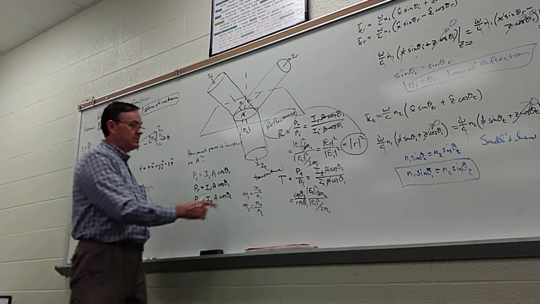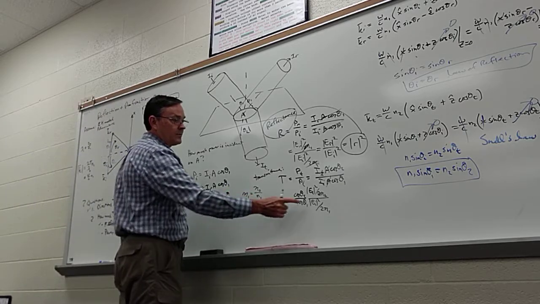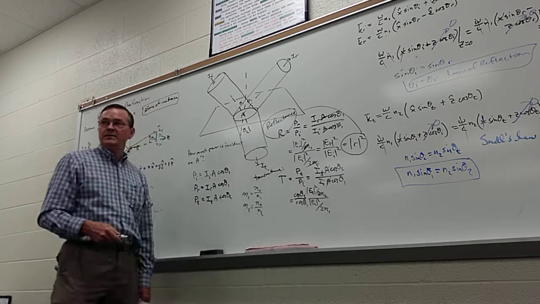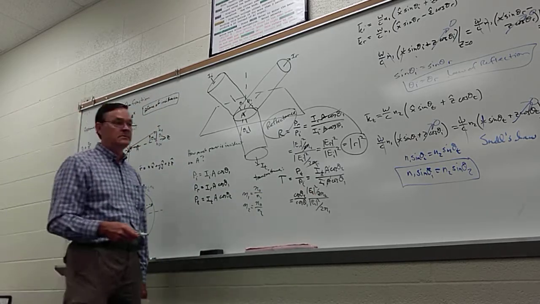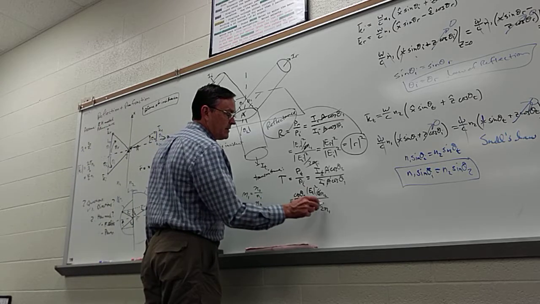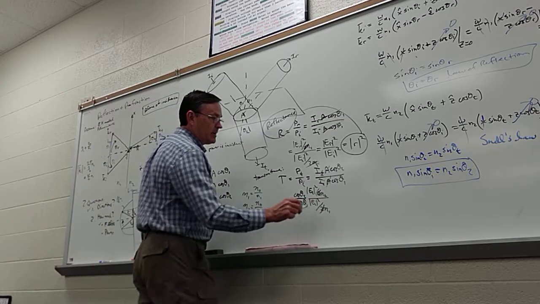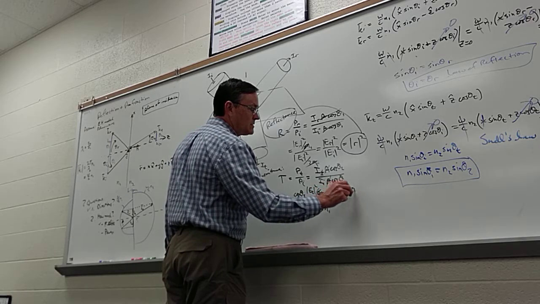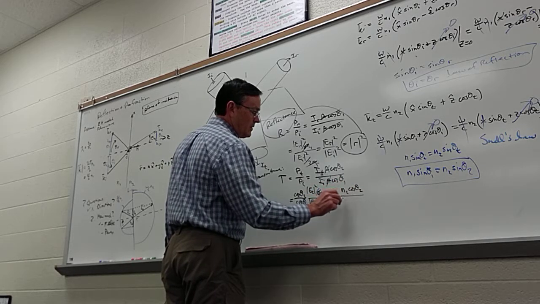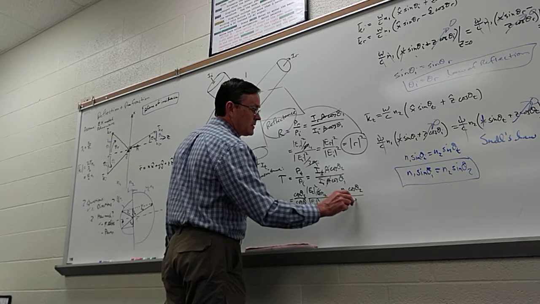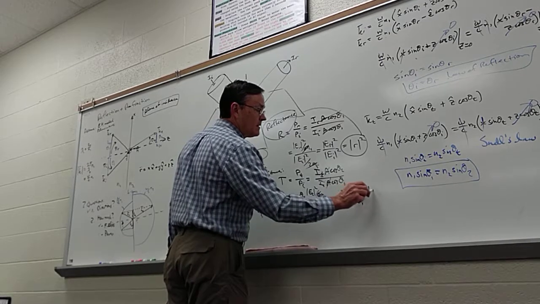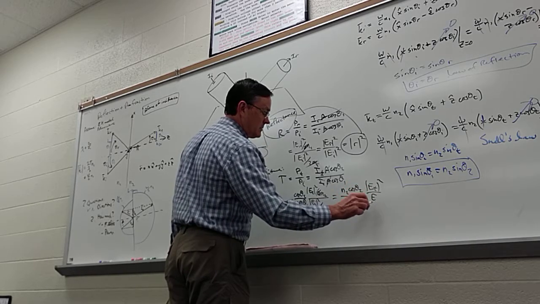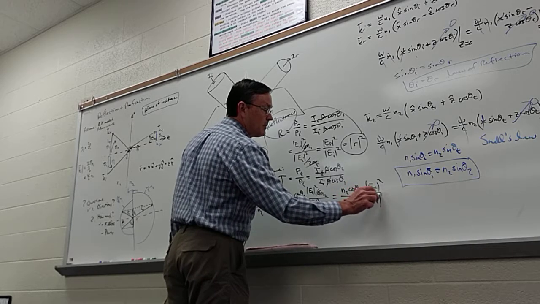So when I substitute in eta naught over n1 here, eta naught over n2 there, the eta naughts are going to cancel. And let's cancel out these 2's. And what I end up with is n2 cosine theta 2 over n1 cosine theta 1, magnitude of E_T squared over magnitude of E_I squared.